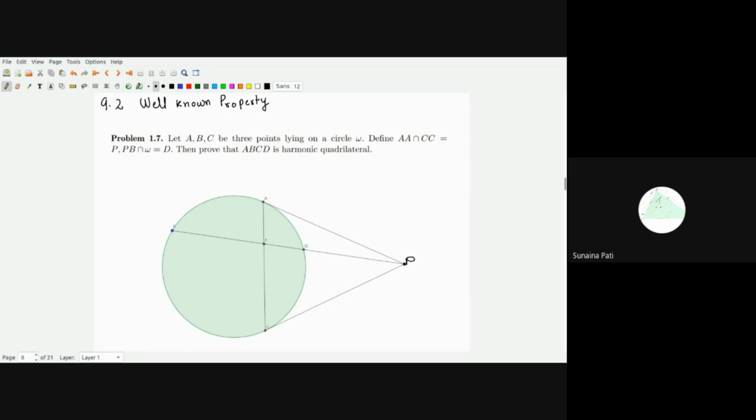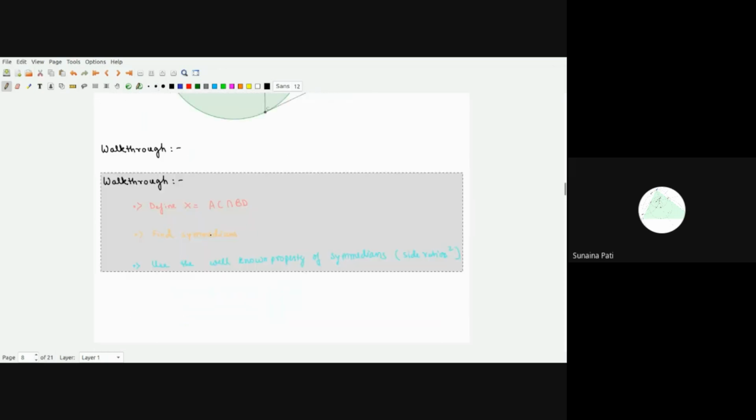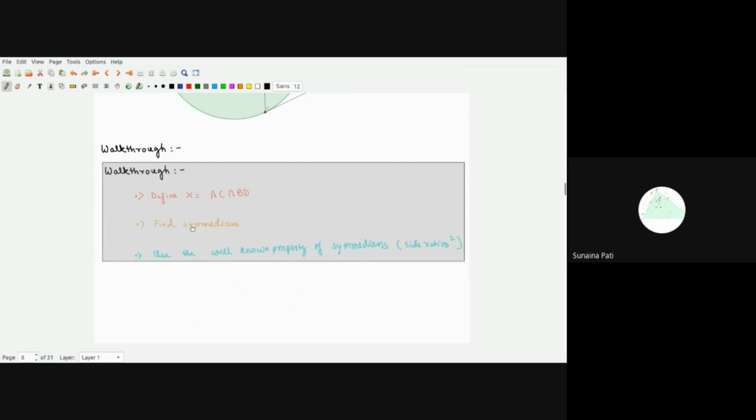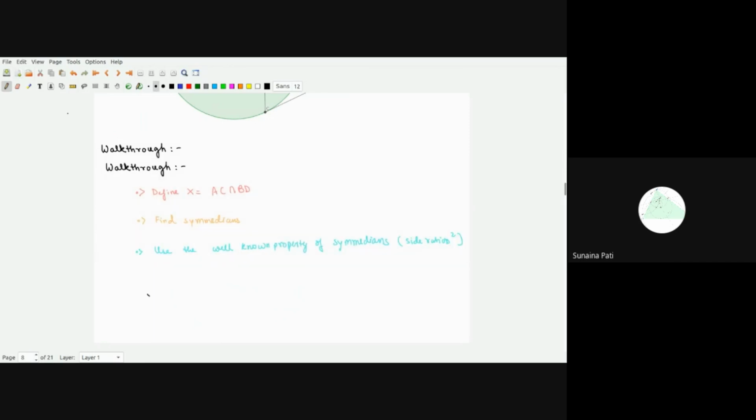Should I share the proof right now? Okay, I'll get the walkthrough and you guys can then try again. Actually, I said whatever I needed to say. Here's the walkthrough. Oops, I even copied the walkthrough.